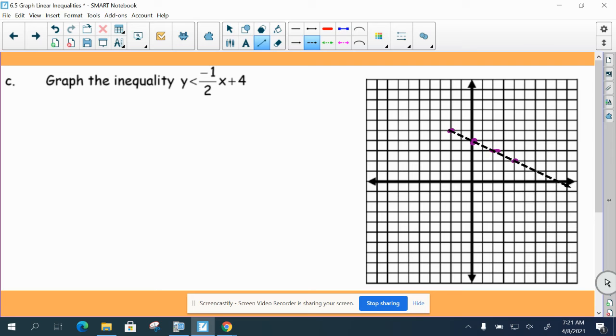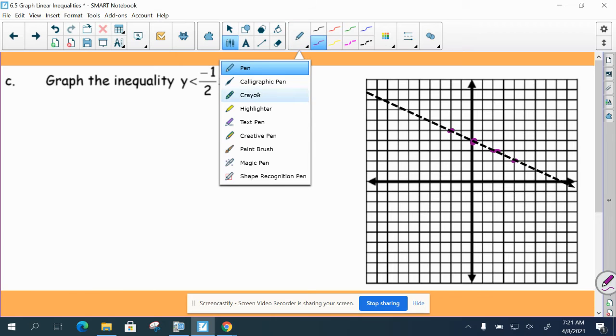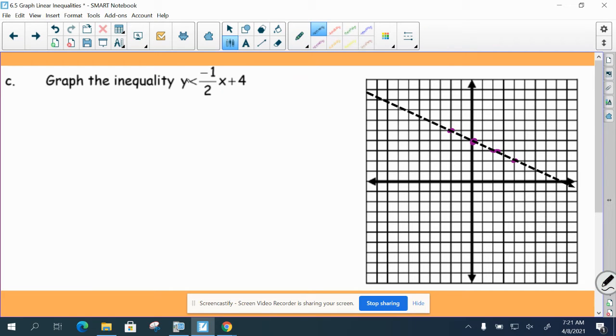If you have a ruler, line it up with the points you made, and you can make more points to get a more accurate line. Now it's time for the shading. If you have a crayon or a marker, this would be good. If it's less than, we're going to shade below the line. So if this is the line, this part is below the line.